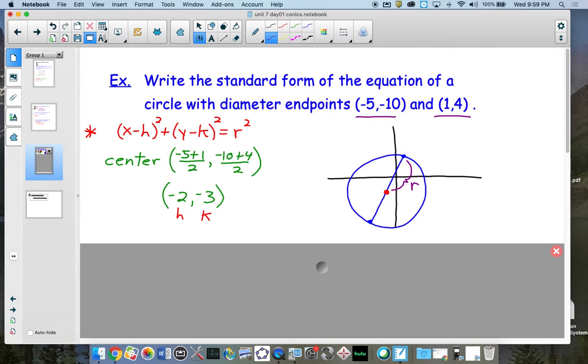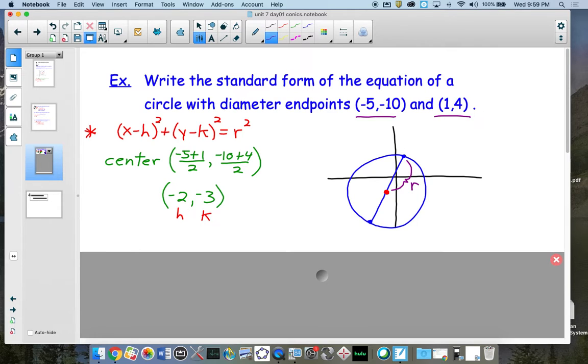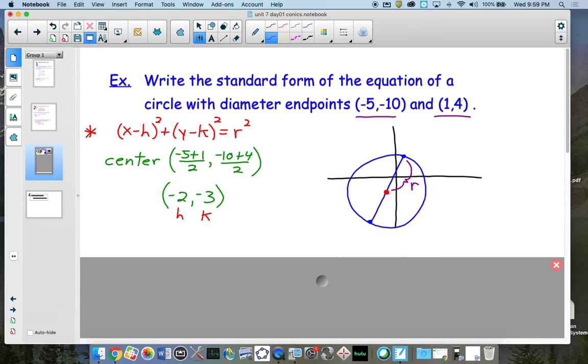So r is going to equal the square root of the difference of the x numbers squared. Now I'm looking at this point and this point. So -2 minus 1 squared plus the difference of the y's, -3 minus 4 quantity squared.